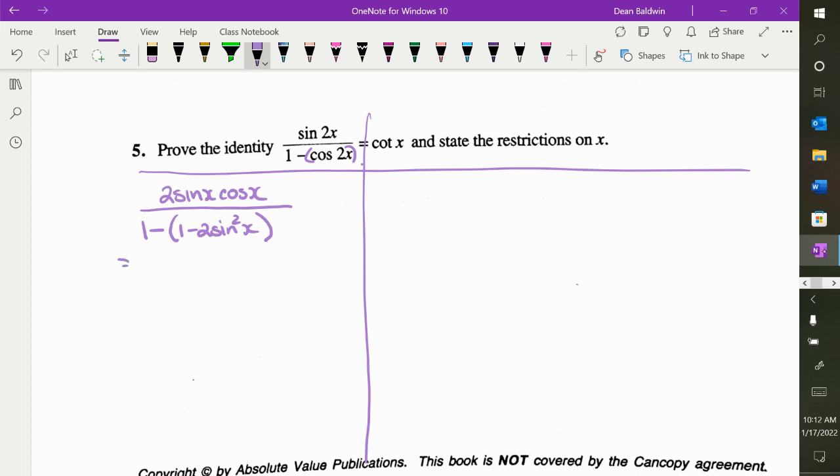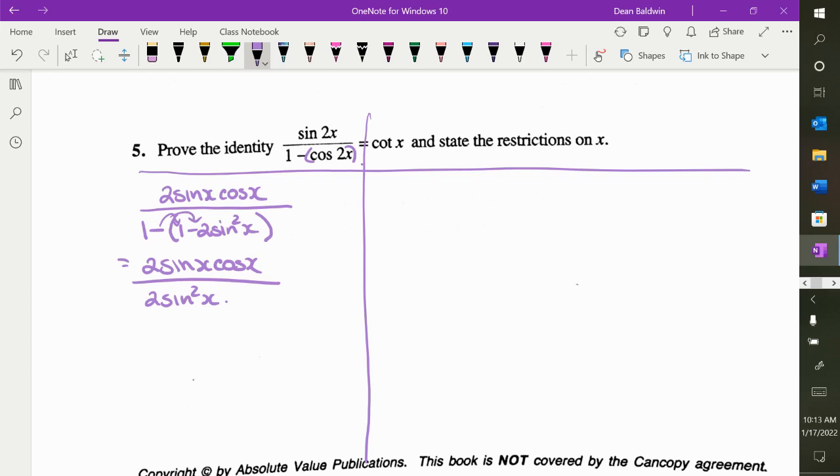So I get 1 minus 1 is 0. Negative of negative 2 is 2 sine squared x. So we really simplified it. Why is it negative of negative 2? Oh, so you're multiplying. Yeah, you're multiplying the negative in, right? So I'm left with 2 sine squared x.